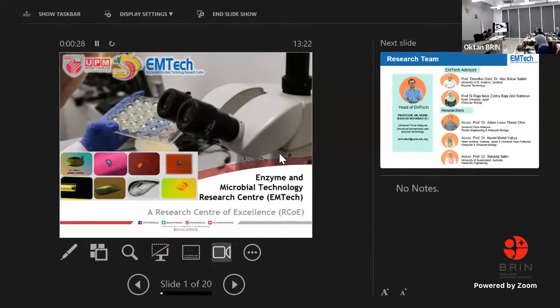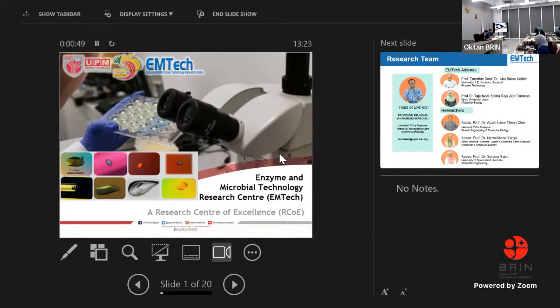We work in the Enzyme and Microbial Technology Research Center, in short, EMTech. It is one of the key research groups in the country, where we started off back in 1986 as a research group.